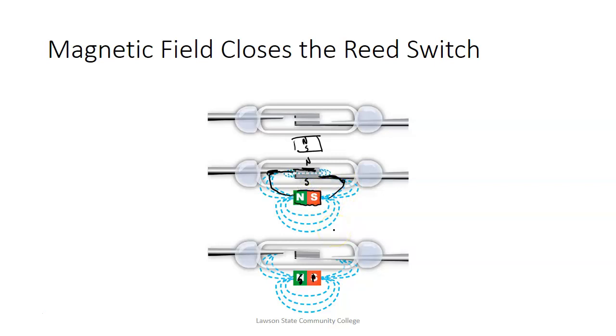And opposite magnetic poles attract each other. So what would happen is it would cause the contact to close. And it's really cool. I mean, it works really, really well. And so if you bring the magnet in like this, north south, or you bring it in south north, it doesn't work. But you could bring it in north south or south north, and it would work.